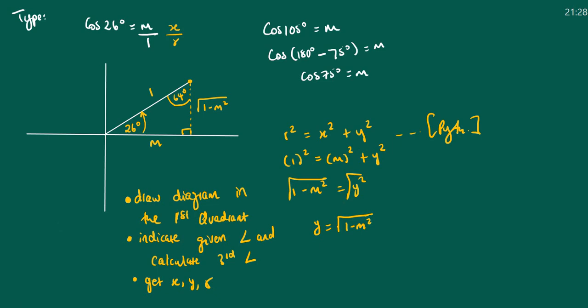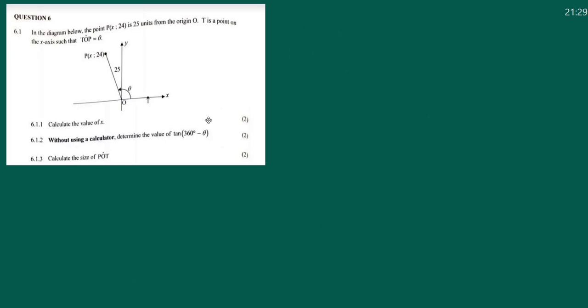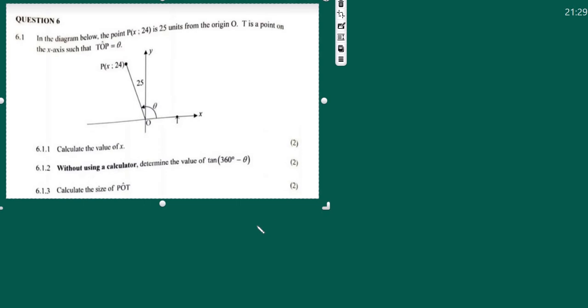Let's look at some of the problems that we can get in the exam. All right, so let's look at this one and see how we would apply that knowledge that we just learned. We're given that in this diagram we have a point P that is 25 units from the origin. T is a point on the x-axis such that TOP is theta. Do you see that?